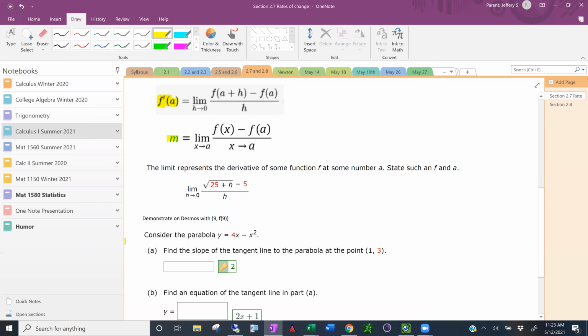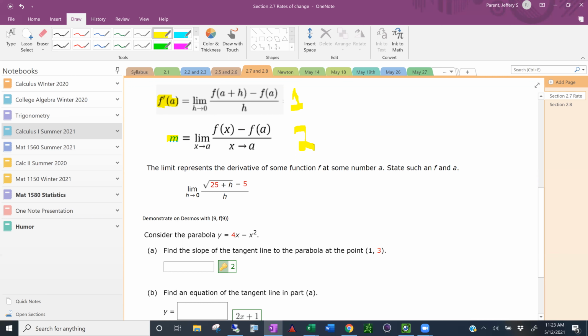Let me go through and show you the calculation of the derivative of a function at a point in both of those different formulations. So you've got two different formulations of the calculation of a derivative. This first one here and the second one here. Let me show you what it looks like to calculate things both ways.